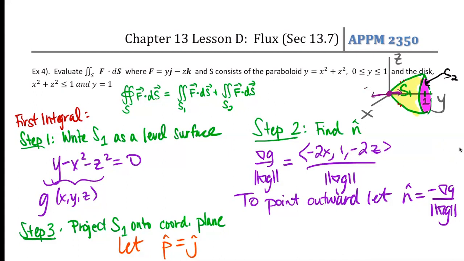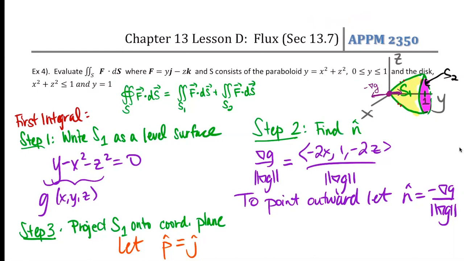So this would be the negative gradient, what I chose. You may have written it as x squared plus z squared minus y equals 0, in which case, if this was your g, then the gradient you chose would be pointing the right way. So that's why everyone has to check, because there's plenty of different ways to write these as level surfaces.